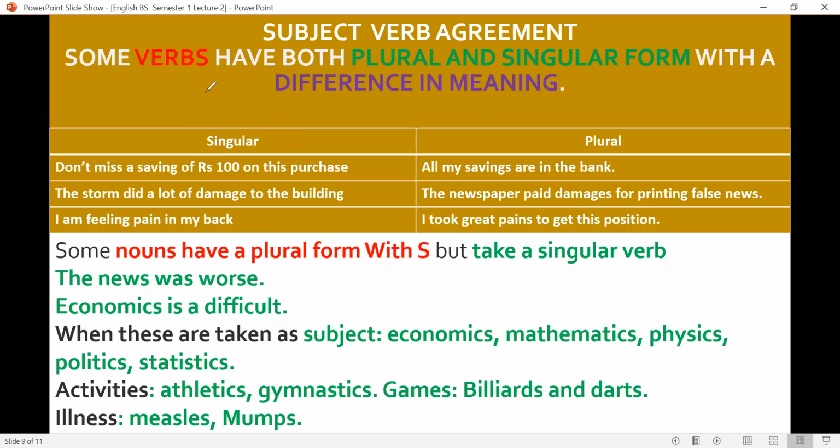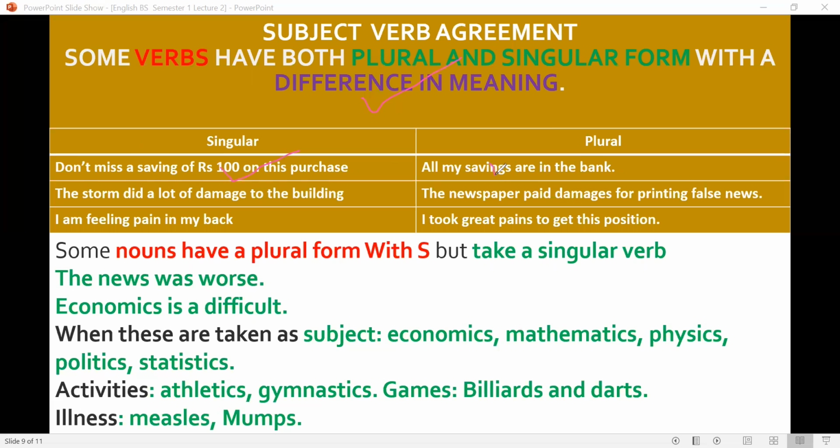Some nouns have both plural and singular form with a difference in meaning. When we use them in singular, they have one meaning, and when we use them in plural, they have a different meaning. Don't miss a saving of rupees 100 on this purchase.